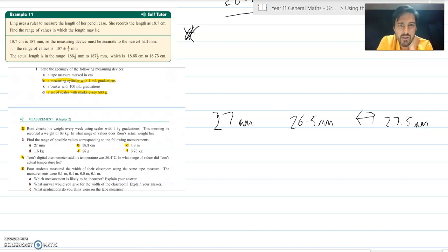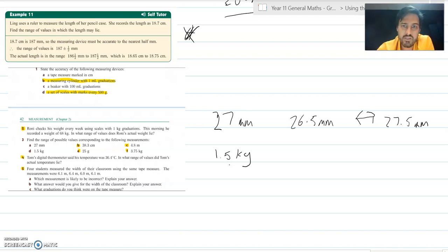Where it gets a little bit tricky is when we're doing a question like D. When we're dealing with 1.5 kilograms, our smallest unit of measurement is actually 500 grams. I guess you could think about it as being accurate to the nearest 500 grams. So half of that is 250 grams.